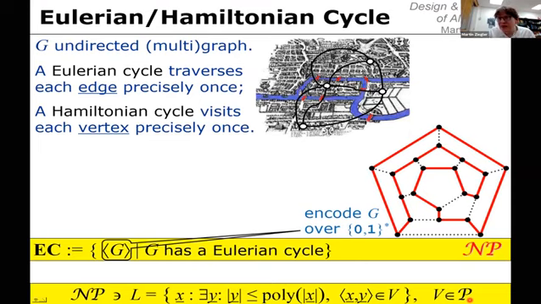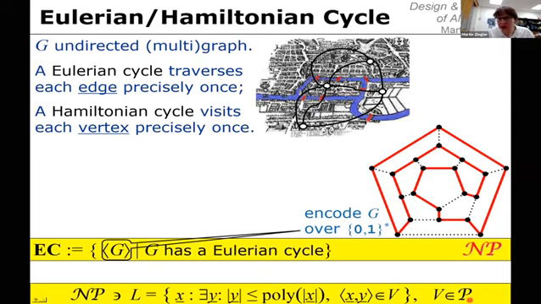And since every edge is visited precisely once, there's a total number m of edges, and m is at most n squared, so the length of a witness here, the sequence of edges traversed by the Hamiltonian cycle, is indeed at most polynomial.